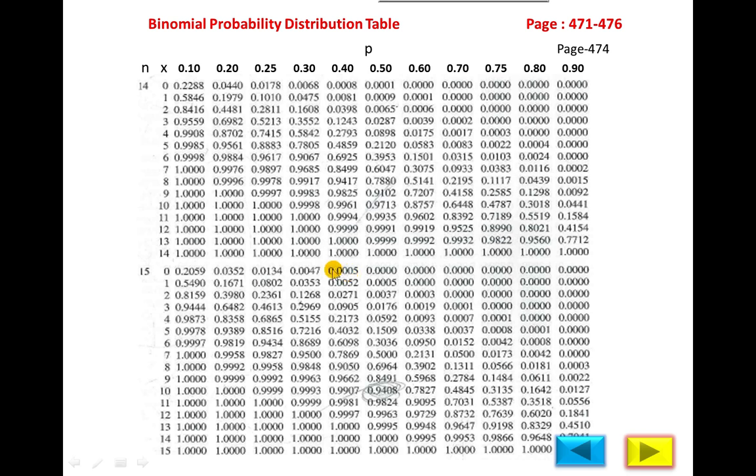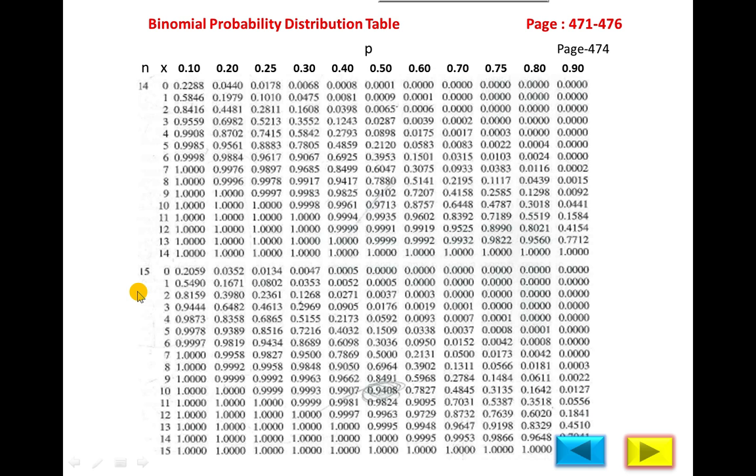So with the help of the binomial probability distribution table, you can find the probability for different values of p with different values of n. The maximum value of n in the binomial probability distribution table is 20. If the value is more than 20, then we use another probability distribution.